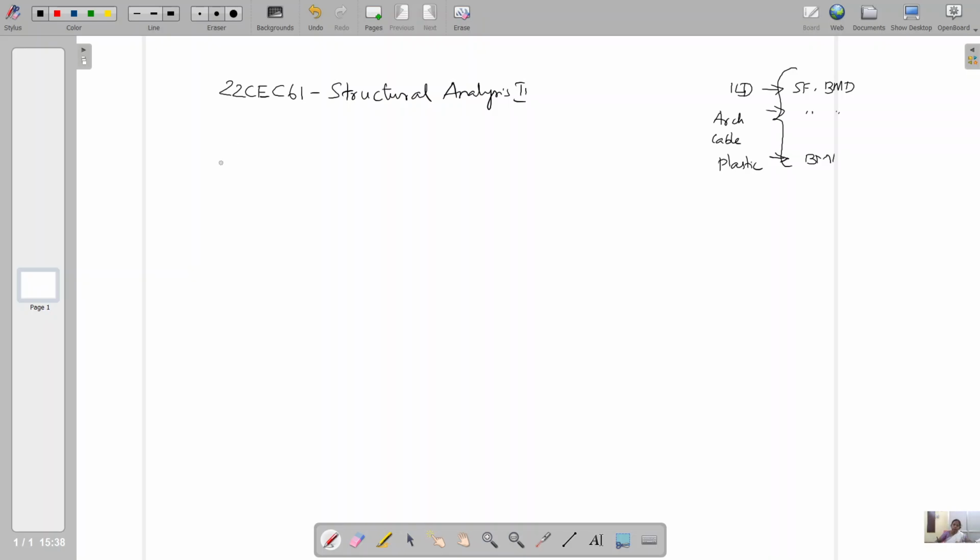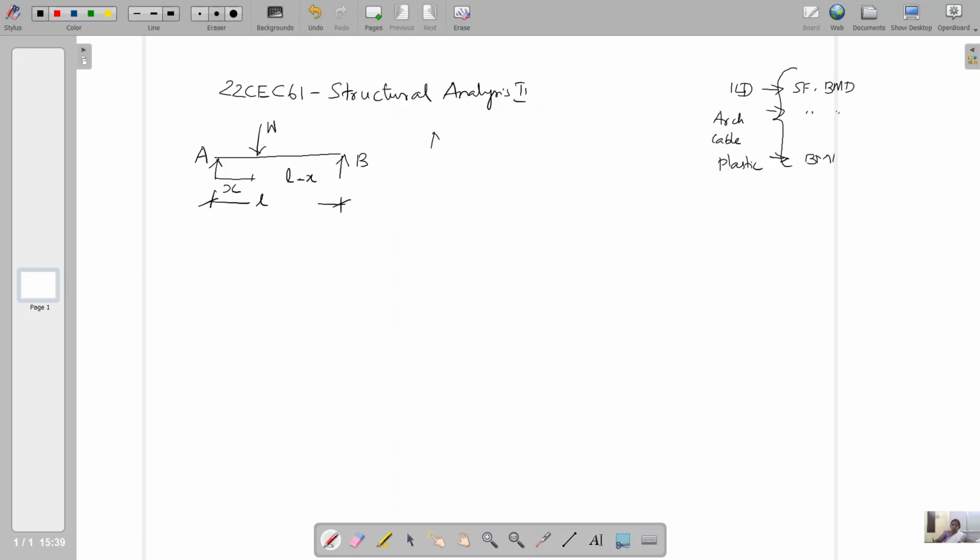I hope so. In this, we are going deeper into the subject. Consider a simply supported beam loaded with a point load at a distance of x from the left support and L minus x from the right support, so that the total length is L, with supports named A and B. Let us calculate the RA, RB values.